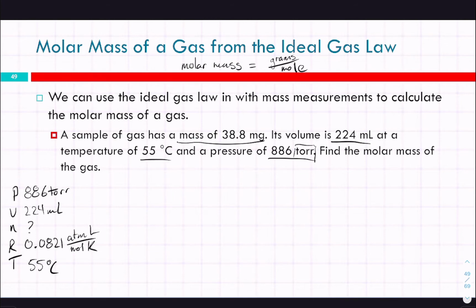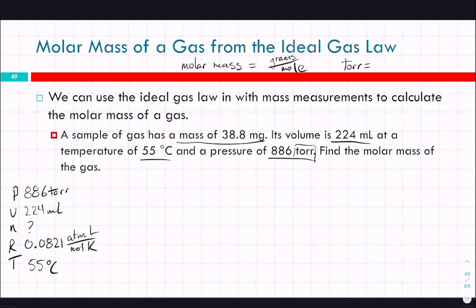So there are several things we need to convert here, because the units that we have to match are those of R. If R is atmosphere liter per mole Kelvin, then we need to be plugging those units in to be able to solve it. So torr is actually equal to millimeters of mercury.